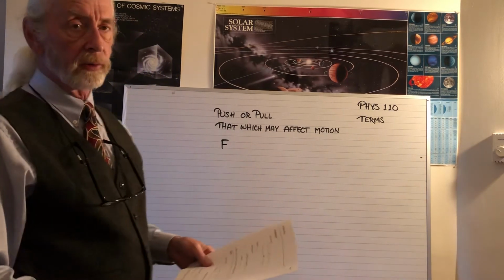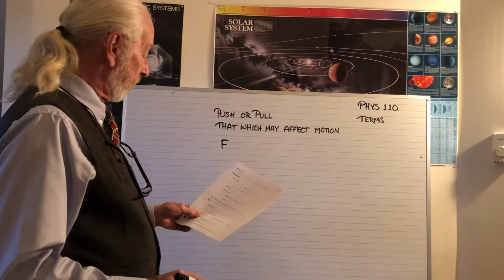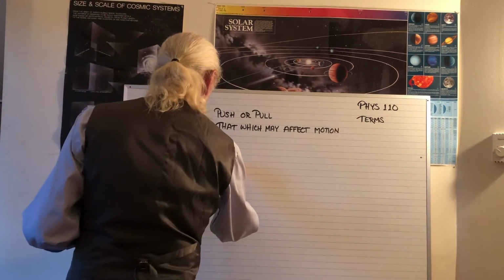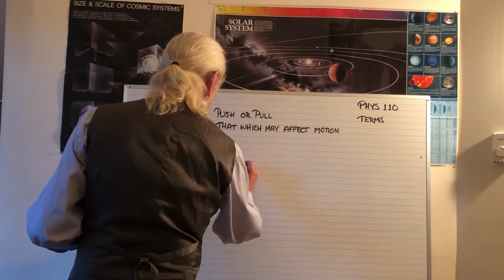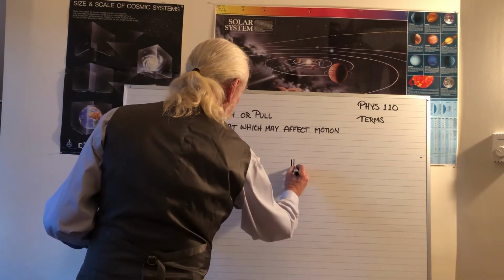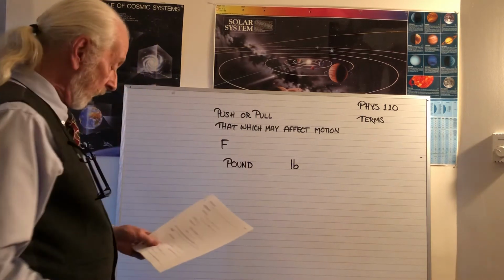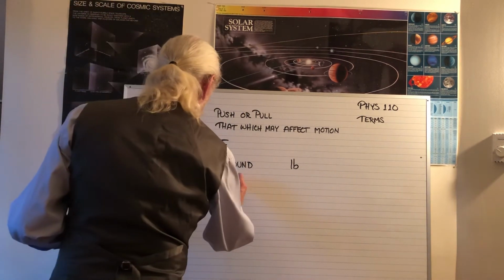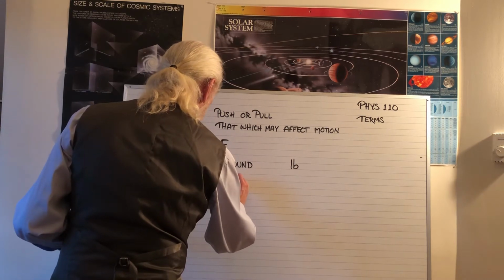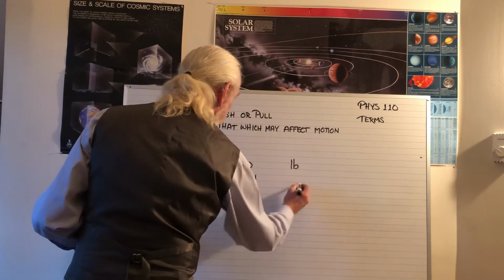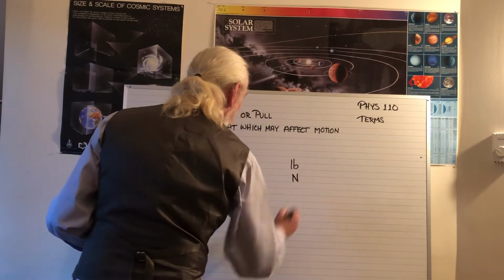And the standard units, British or US standard, is a pound, abbreviated like so, LB. And metric is named after the great man himself. It is a Newton, abbreviated like so.